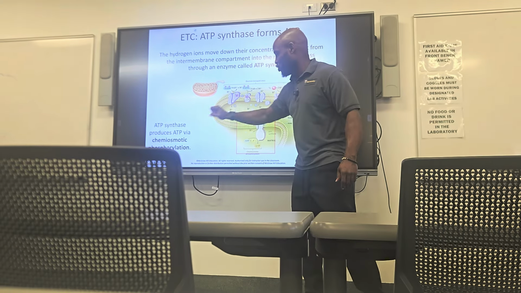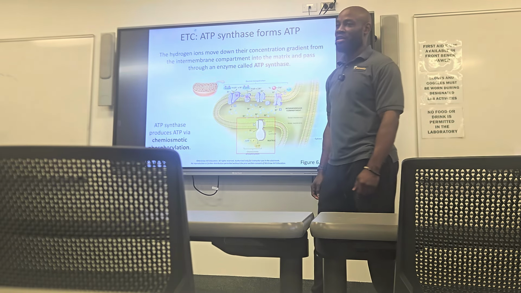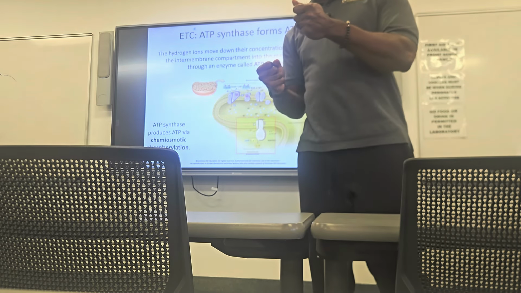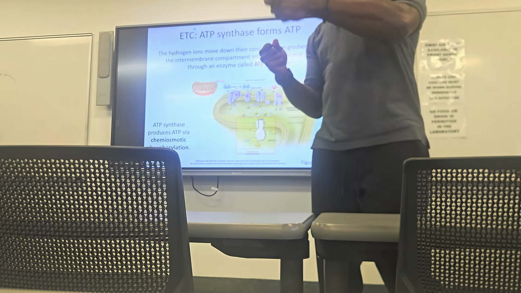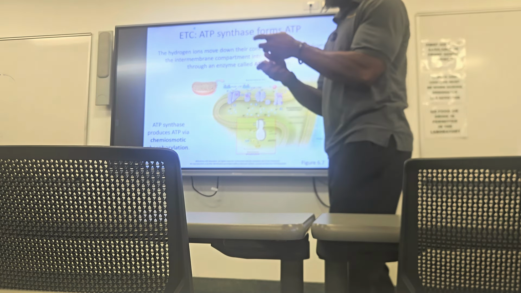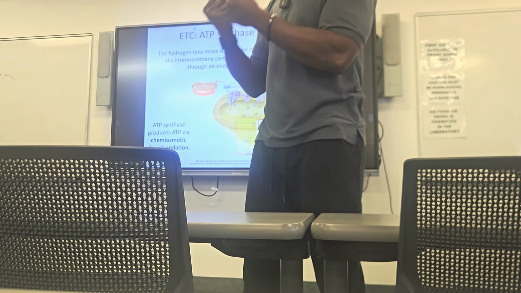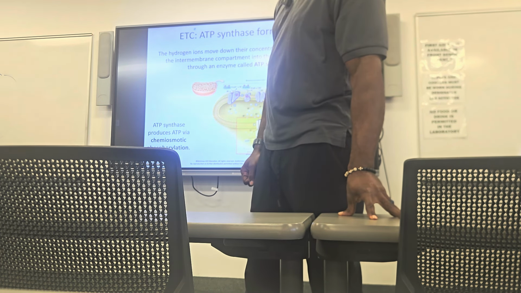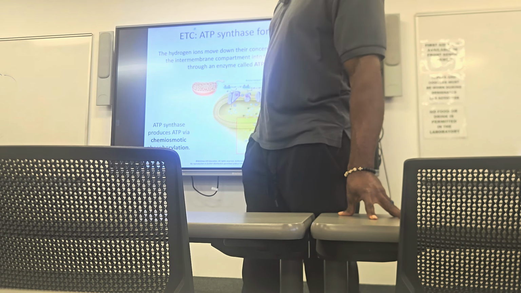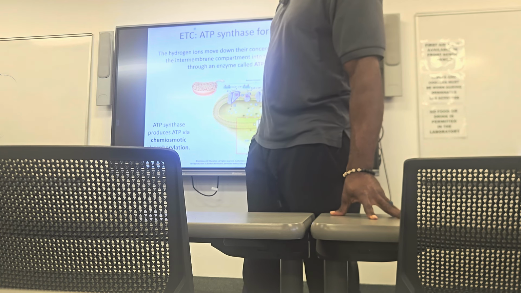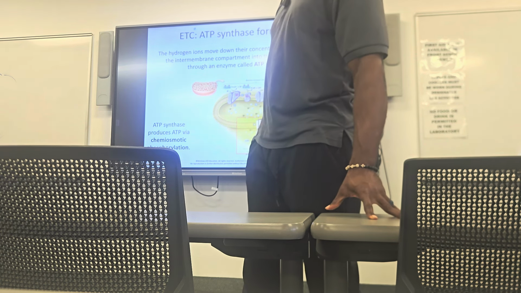The ATP synthase produces ATP. So I'm breaking the bonds of the electrons with the different molecules, and as I move those electrons, I'm using the energy that I'm harnessing from that to make ATP. And this is all in the mitochondria, in the presence of oxygen. Aerobic respiration, aerobic cellular respiration.